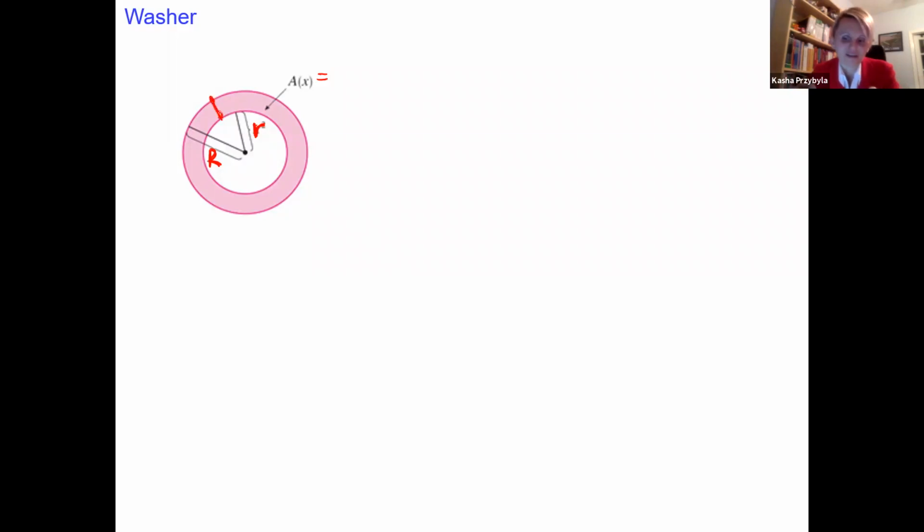That means this is big R minus the small one, or outer minus inner, but we still need the area. Exactly, thank you. That means we will need pi R squared, the big one, minus pi r squared, the small one.